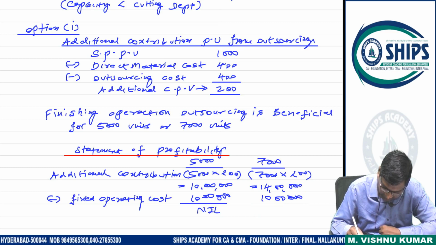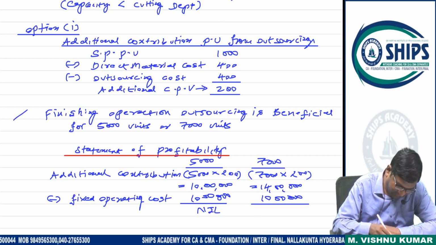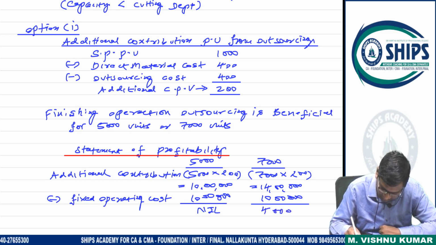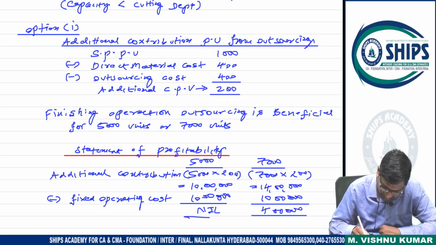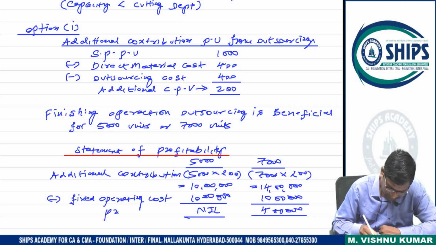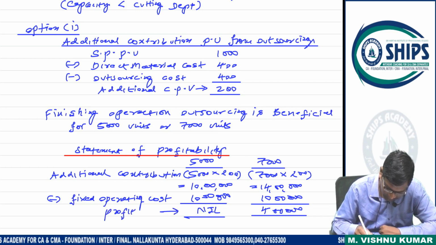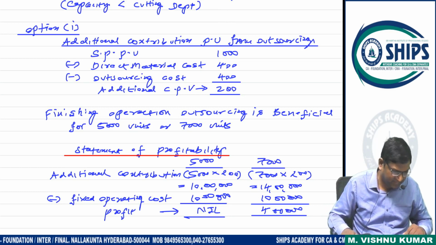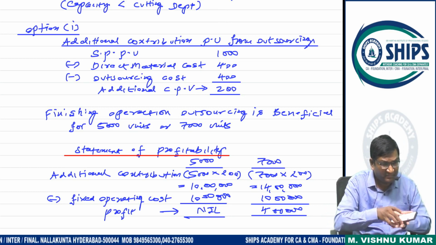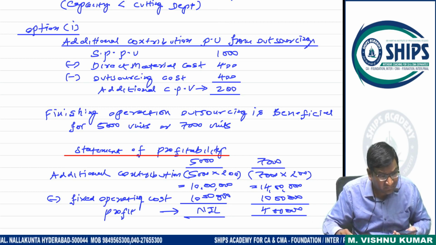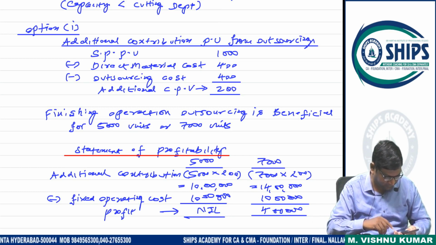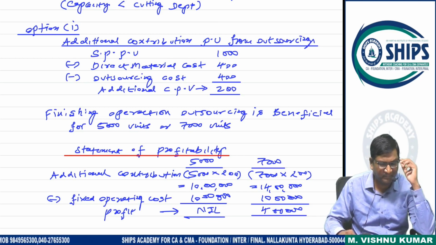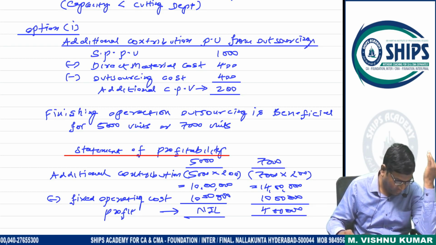Actually this is not required. I'm doing the extra calculation here. Your answer is completed here only, but I'm showing the profitability also. So this is the profitability. Shall I note this? So option 1 completed. Now option 2 and 3 are required.